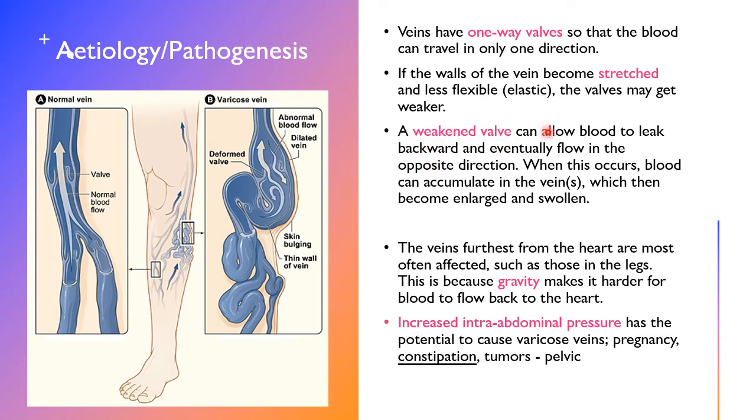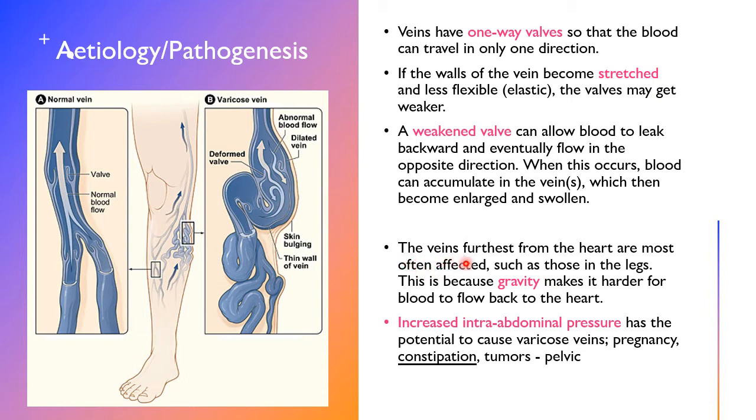A weakened valve can allow blood to leak backwards and eventually flow in the opposite direction, and when this occurs, blood can accumulate in the veins, which then become enlarged and swollen. So the backflow is from the deep to the superficial system, which is abnormal.